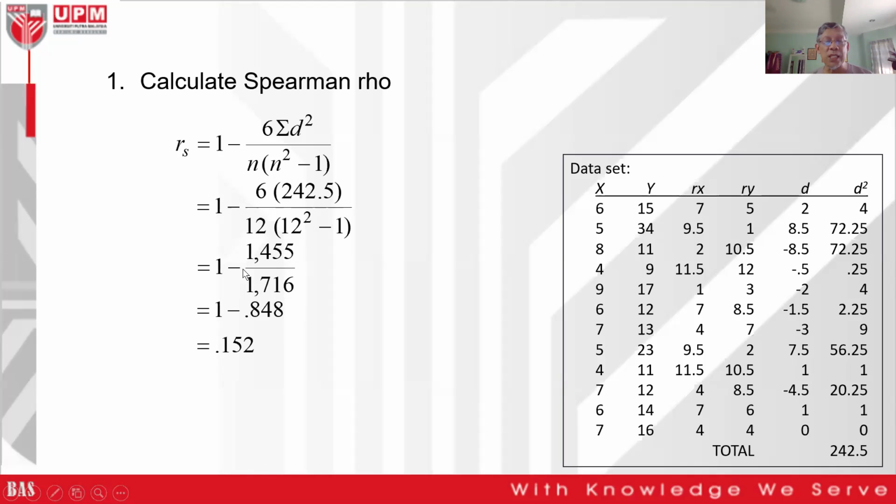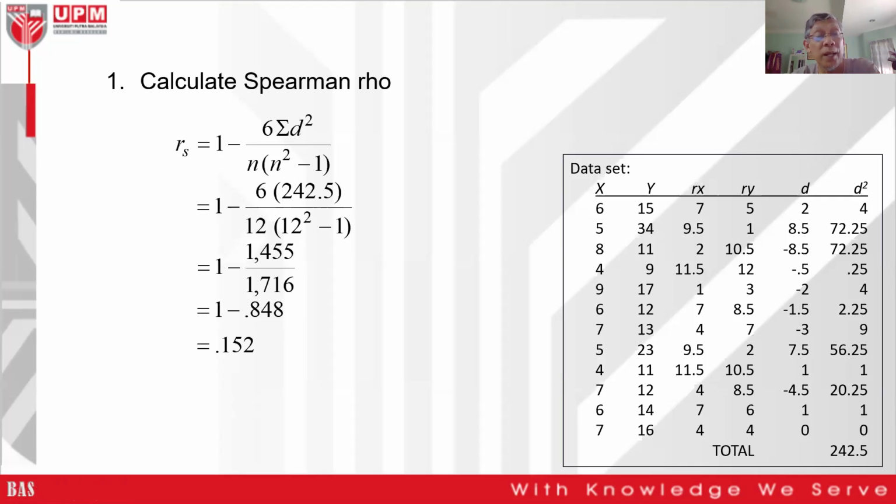When you solve this fraction, you get 0.848. When you do your calculation, round to at least 3 decimal places. Don't round to only 1 decimal place or sometimes an integer. When you calculate 1 minus 0.848, the value for your rs is 0.152. That will be the answer for your question number 1.